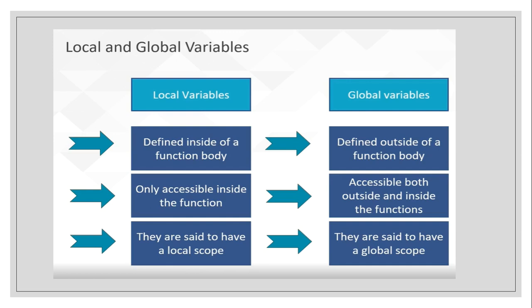Suppose we are humans, born here, and our atmosphere, oxygen, gravity, pressure, and whole ecosystem is here. If we go to another planet, we won't survive. So our scope is limited to this planet. Otherwise, we need a different suit and arrangements to manage that ecosystem.